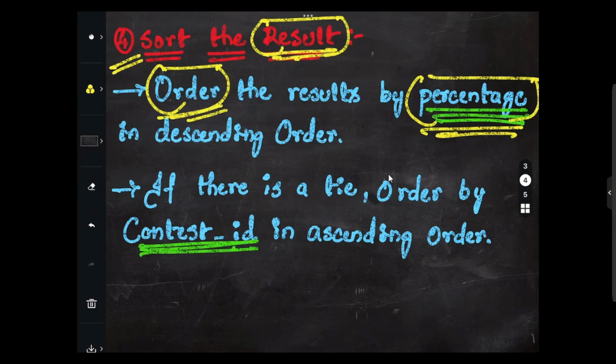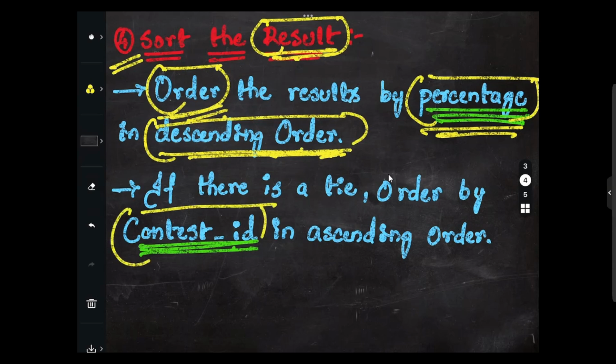We will order the results by percentage in descending order. The final step is, if there is a tie, then order the contest ID in ascending order. That's what I was telling.